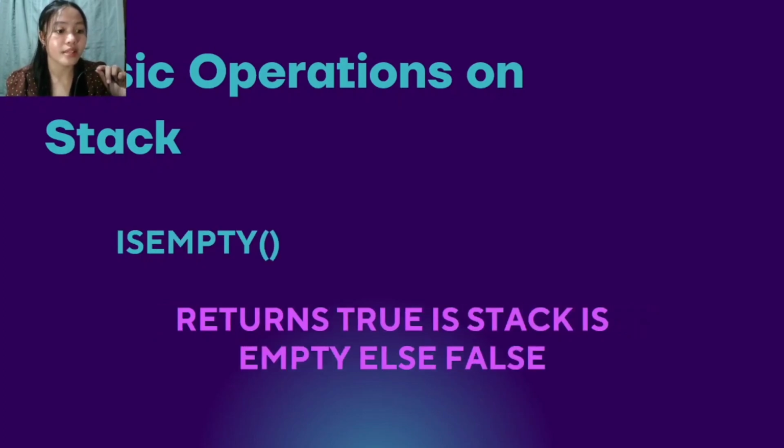Next is the isEmpty. The isEmpty is obviously a method of Boolean data type. Why? It is very obvious in its name. It returns true or false, because Boolean, again, if you don't know, accepts only two values, which are true or false, and isEmpty is answerable by true or false.